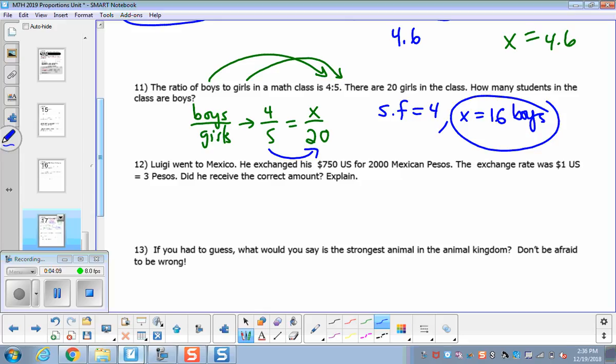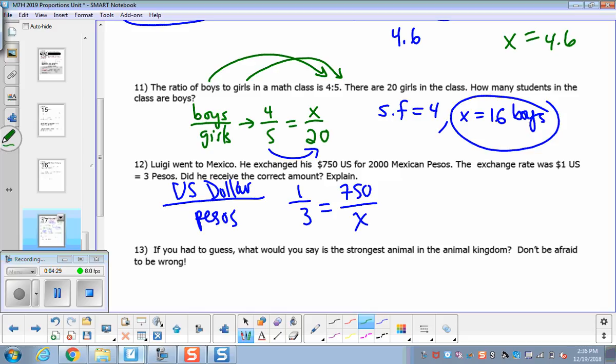So in this problem, we're comparing the US dollar to the number of pesos. And we know that 1 US dollar is worth 3 pesos. So if he's going to exchange $750, let's figure out how much money he should get. And right here, I think a lot of you can see a scale factor of 750.